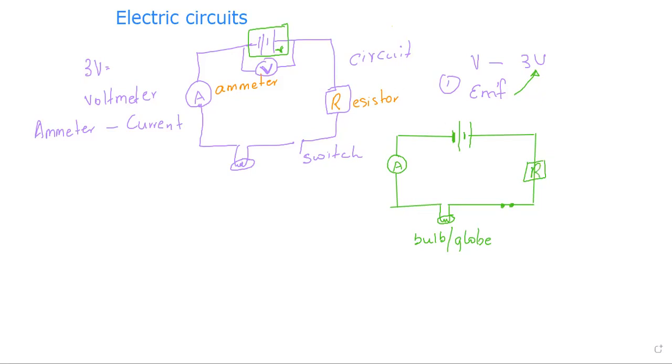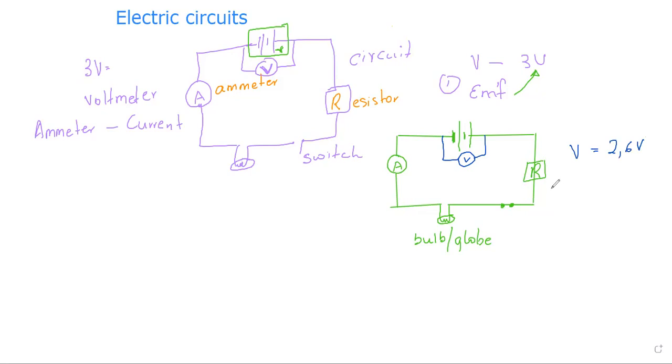Now, if the switch is closed, the electrons will move, the charges will move around that circle in the circuit. And then V this time will measure, let's say, 2.6 volts.